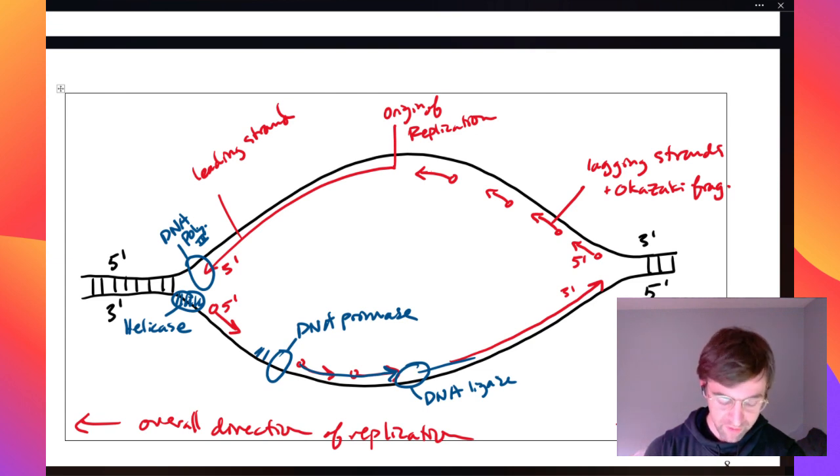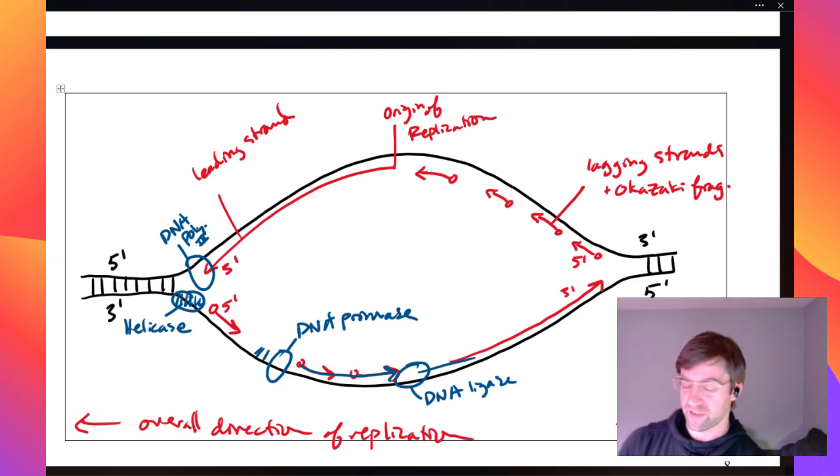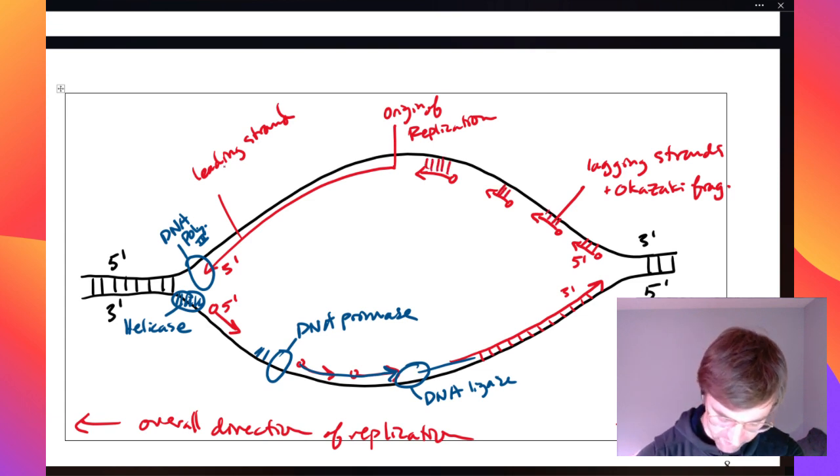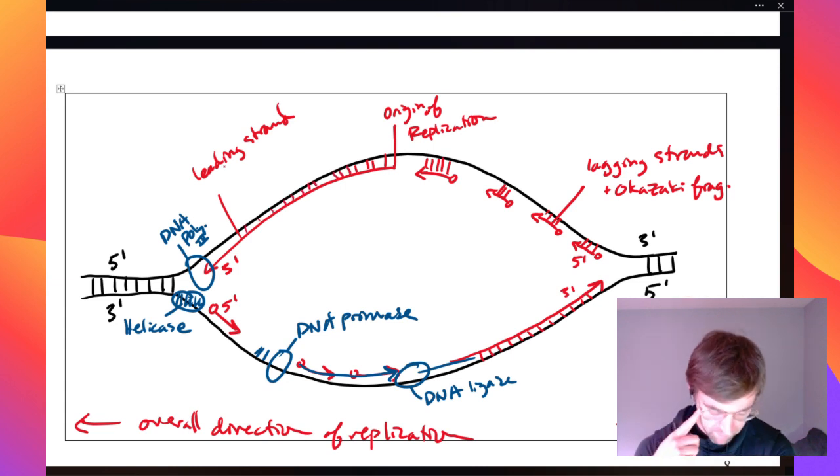What else is important to show? Replication fork basically refers to the fork, the branching in the DNA that forms. Here I'm just drawing my base pairs. I see RNA primers on the list, but I can't think of a good way to show that right now.